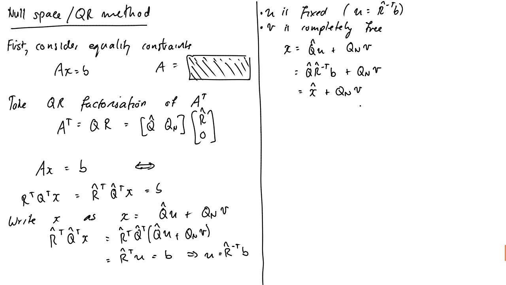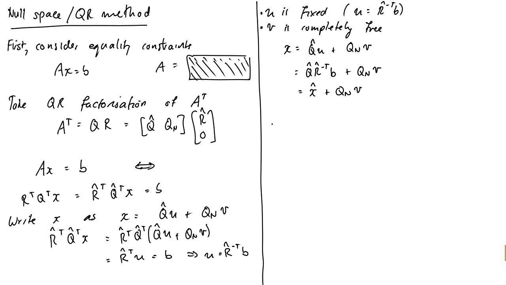So we're free to vary v, and that will have some influence on our objective. The other part of it, which involves u, is fixed by the equality constraints. That's why this is called the Nullspace method, by the way, because v gives us the part of x that is in the null space of our matrix.